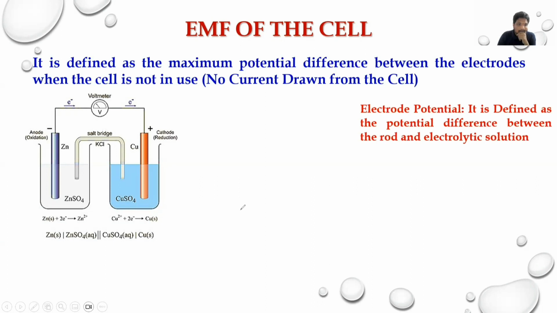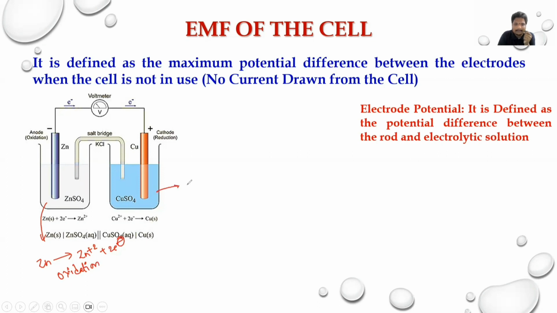In this galvanic cell, a zinc rod is dipped in a zinc sulfate solution. This zinc will undergo oxidation. It means zinc gives rise to Zn 2+ plus 2 electrons. So it is an oxidation reaction.